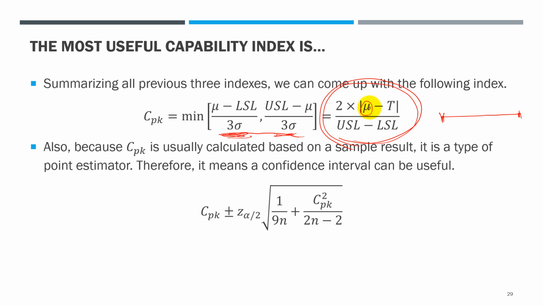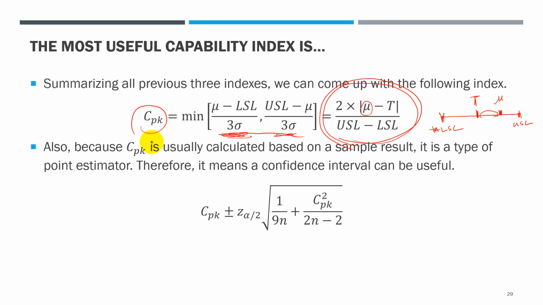Okay, this is measuring the relative location given your lower spec limit and upper spec limit, and it is calculating the relative location of your process average given the true target. Okay, and using that value to estimate the value of CPK. Okay, I just used the verb estimate.